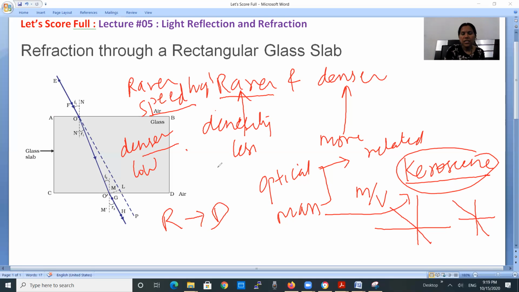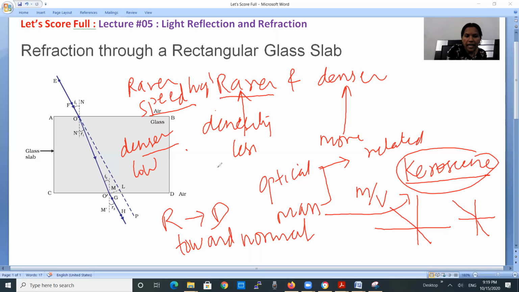So when light goes from rarer to denser, it bends towards the normal. When light moves from rarer to denser, it bends towards normal.